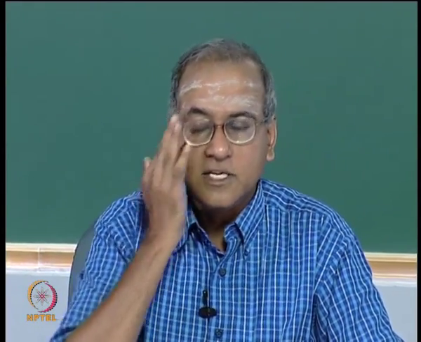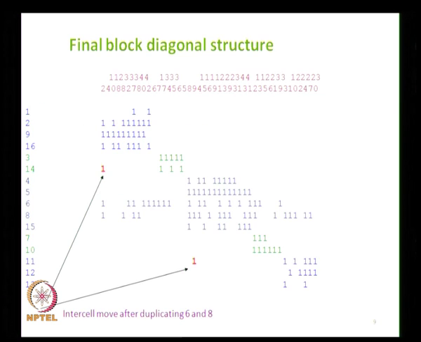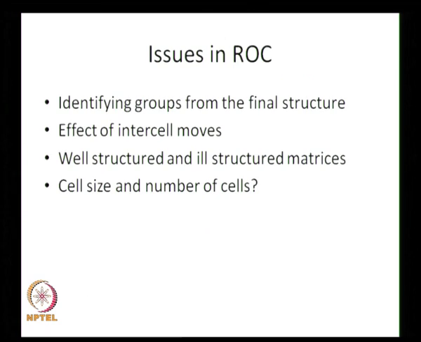Now, what are the issues in rank order clustering? The first one is to identify groups from the final structure, which is what I described right now, whereas in PFA we get the groups and then we create the matrix. In rank order clustering, the matrix is given first, from which we have to create the groups.